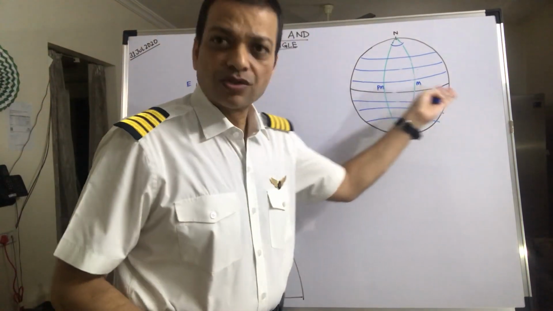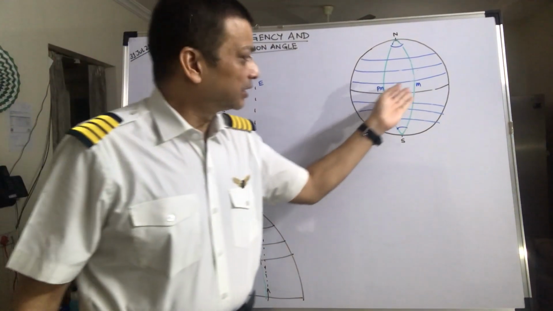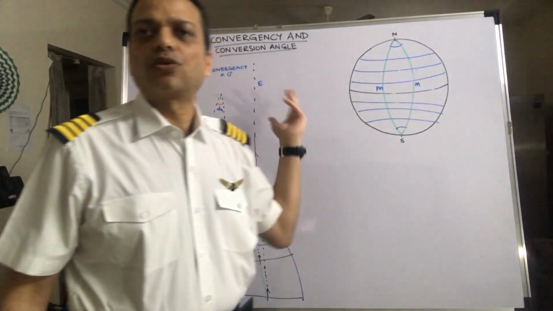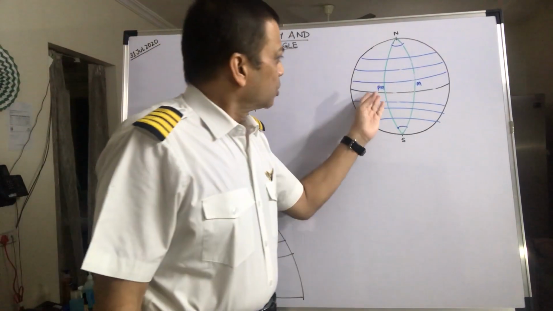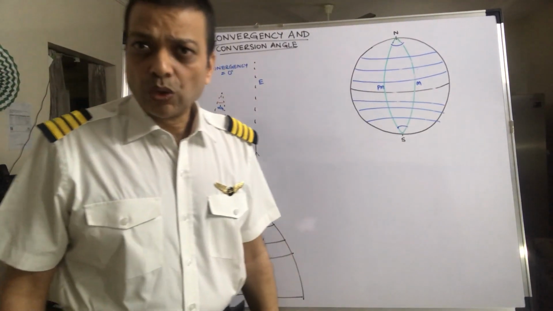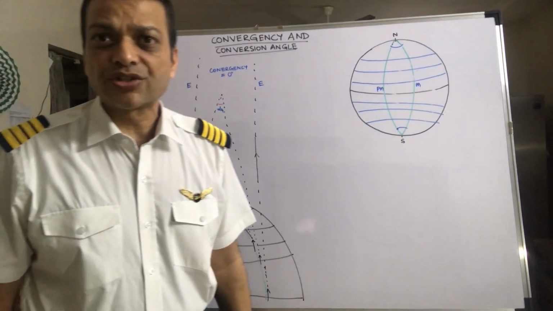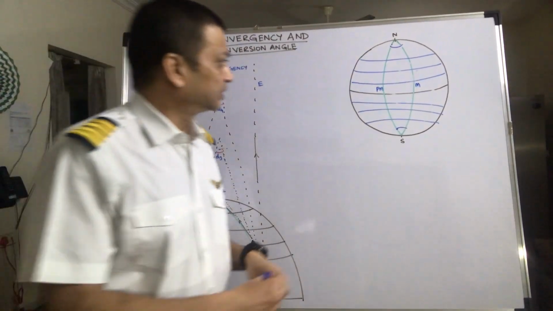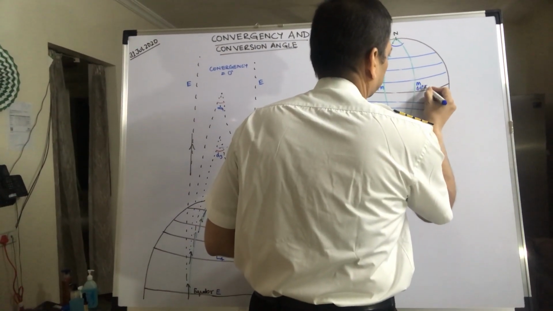Obviously, the directions when we measure from the prime meridian towards the easterly direction are east, and towards the westerly direction it is west. So if we assume that this meridian is 60 degrees east of the prime meridian, then here we can write down 60 degrees east.